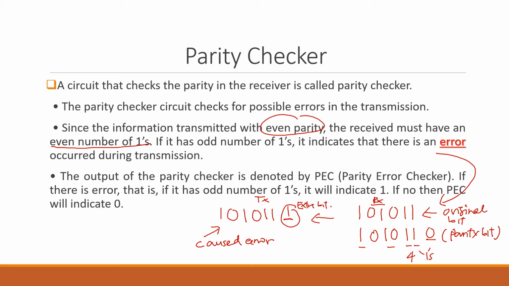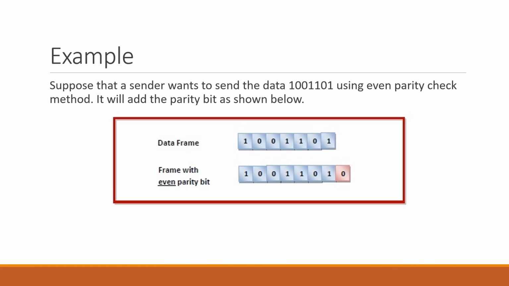When we check using the parity checker, the PEC will indicate high, that is 1, because now the number of 1s is odd instead of even. All right, so let's see another example.